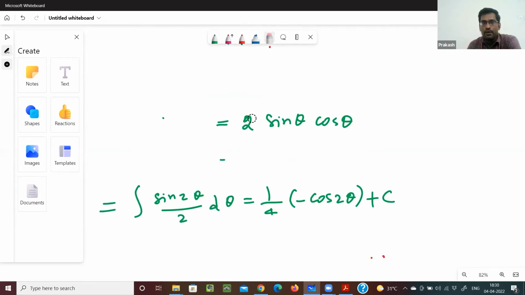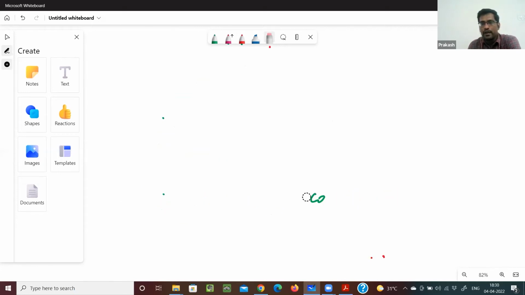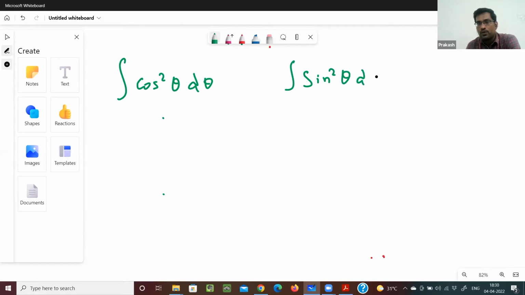For example, we can take the integral of cos square theta or sine square theta. Sometimes product terms will come, sometimes power functions will be involved. So here, suppose cos square theta is coming.